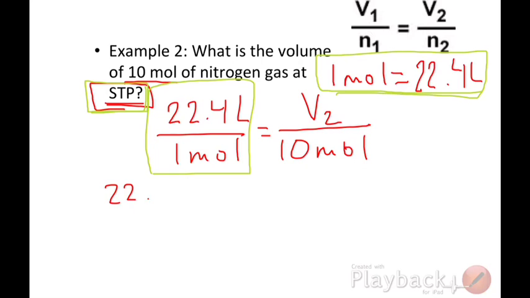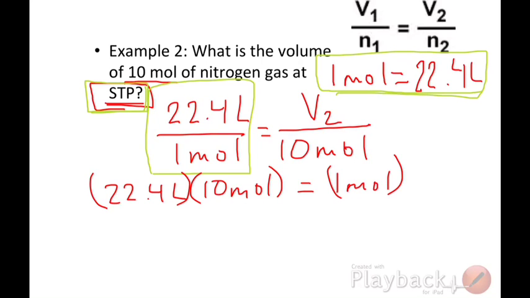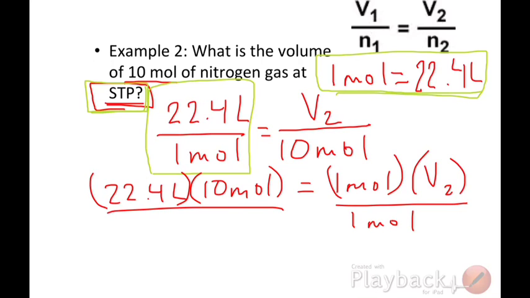So 22.4 liters times 10 moles equals 1 mole times volume 2. It looks the same as last time. We want to cancel this 1 mole so we can get volume 2 all by itself.